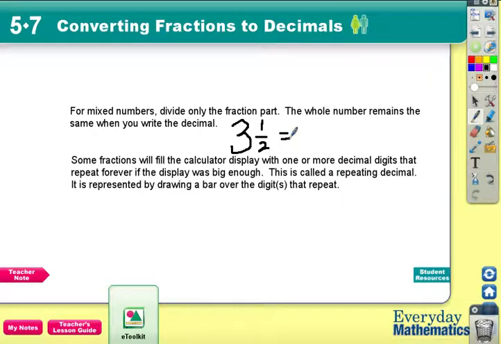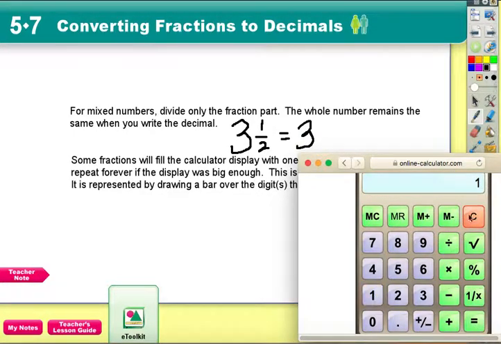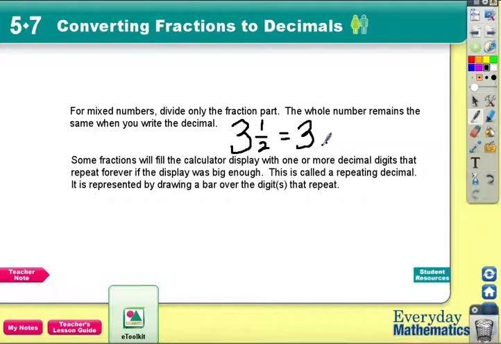So I'm going to write my 3, and then in my calculator, just do 1 divided by 2 to get 5/10. So then I will do 3, and then I'll add my decimal 5/10.